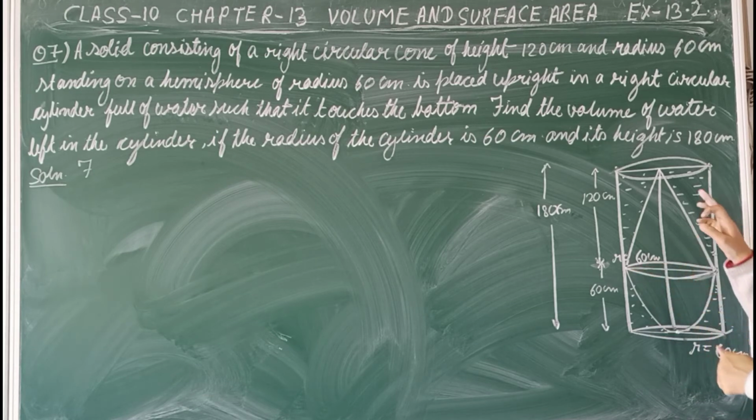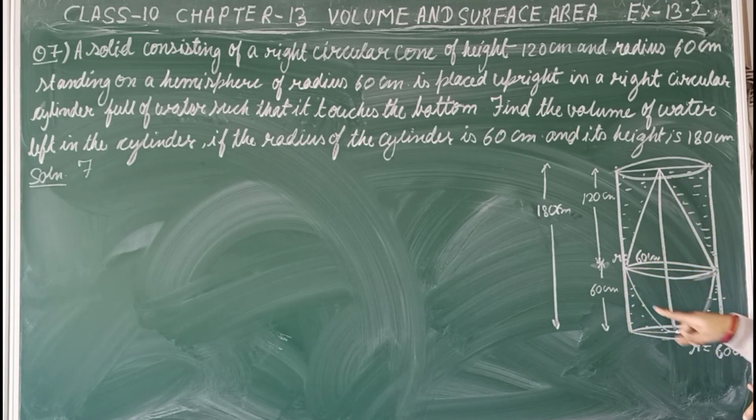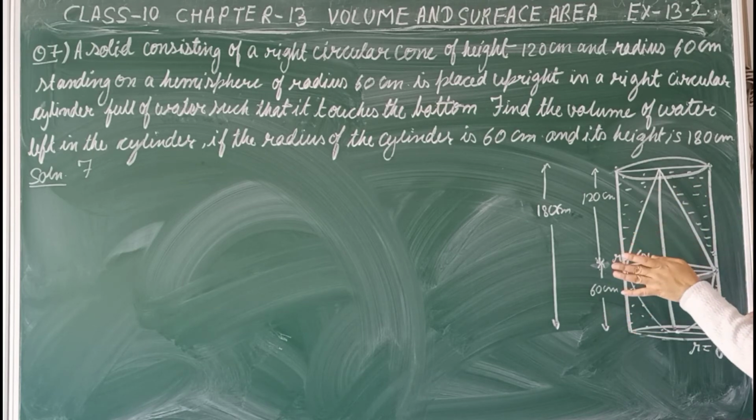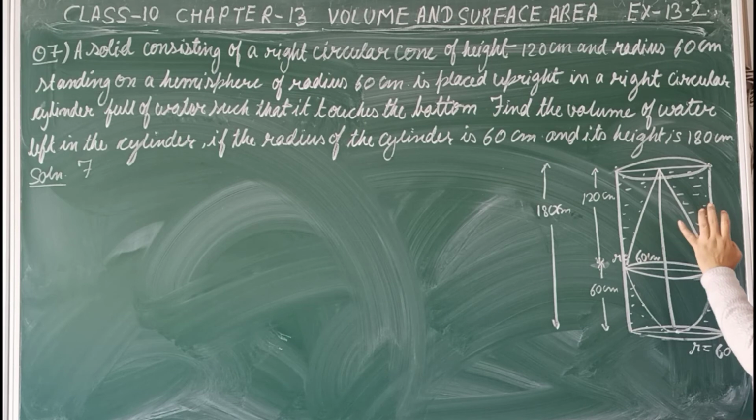So the radius of the cone, hemisphere, and the cylinder, according to the given data, is 60 each. So this solid is kept in the cylinder in such a way that its base touches the bottom of the cylinder. Now when this solid is kept in the cylinder which was already filled with water, some water overflows obviously, but the question is asking to find the volume of the water left.